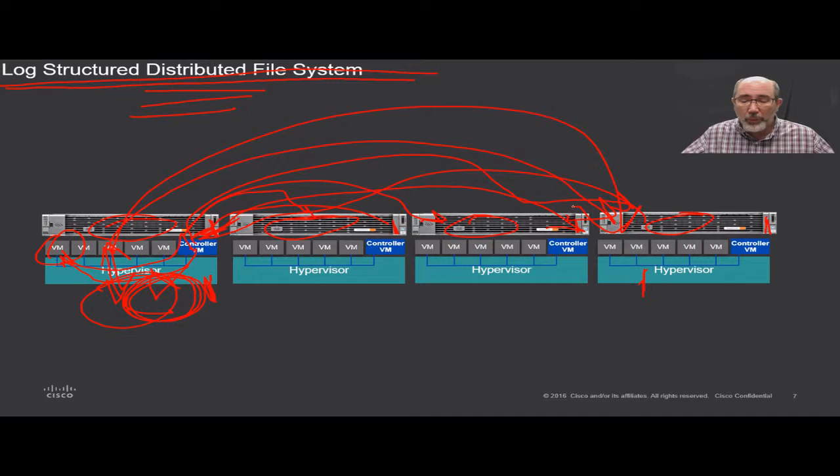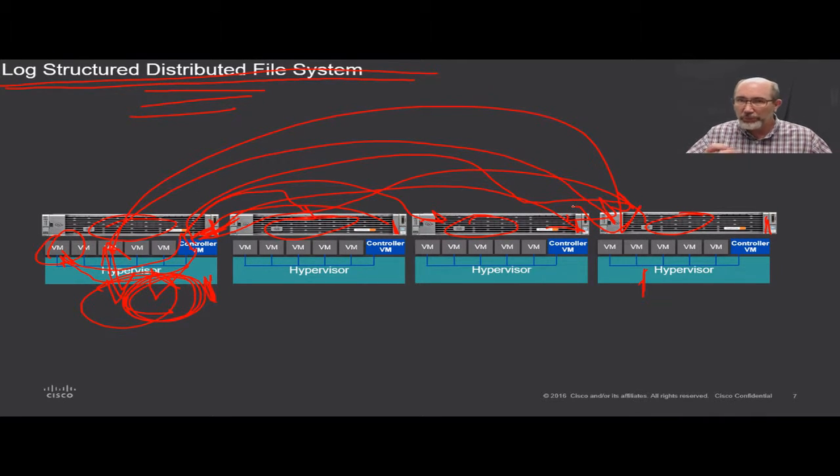So when you look at just how much bang for the buck you get, you'll find that the HyperFlex platform will give you more VMs per node than any other platform on the market today. And you can put a higher level of application, maybe it's Oracle, maybe it's SQL.